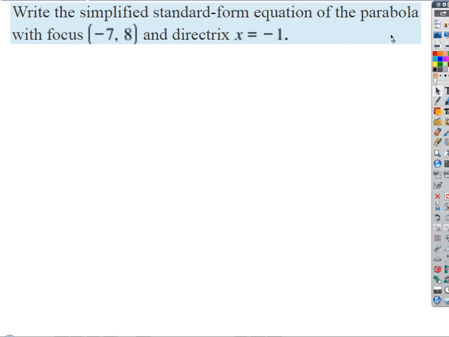So what's P going to be going from -4 to -7? Well, that's -3, right? Backwards 3. So then H is negative 4, P is -3. Figure out which of those two equations we are going to use. Plug it in.